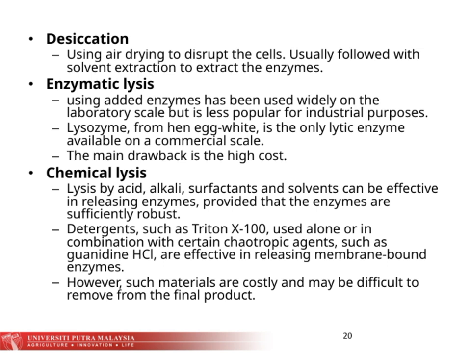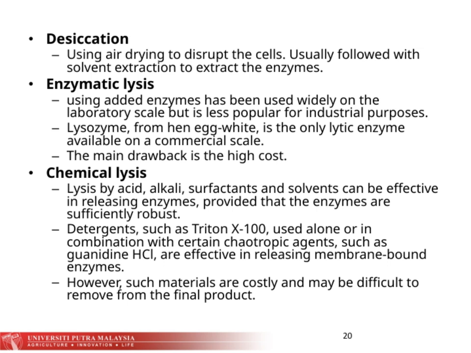Moving on to chemical lysis, this approach uses acids, alkalis, surfactants, or solvents to break open cells. The key is that the enzymes or cellular components need to be robust enough to withstand these harsh conditions. Detergents like Triton X100, either alone or combined with chaotropic agents such as guanidine HCl, are particularly effective at releasing membrane-bound enzymes.